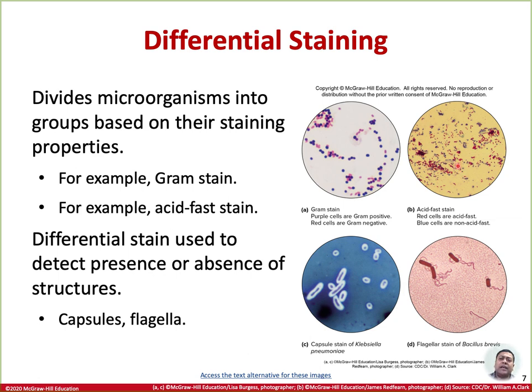Just as there are some clothes which are color fast, that means that washing will not take the color away, the same way, acid fast means that when you wash these cells with acidic alcohol after the staining process, you will retain the stain of the acid fast cells. Most others will be discolored. On the other hand, you can visualize the capsules using the differential stains. You can look at the flagella using the differential stains, and we're going to talk about that in a moment.